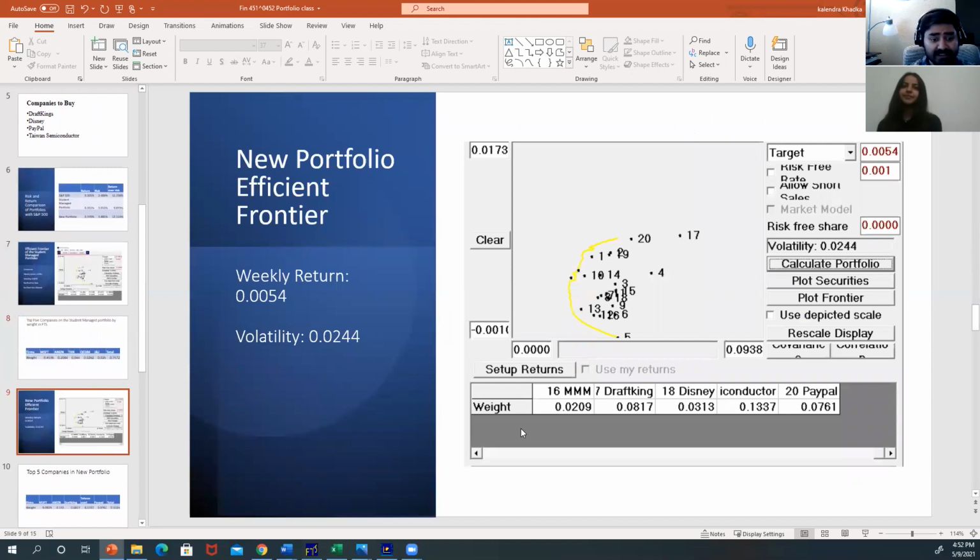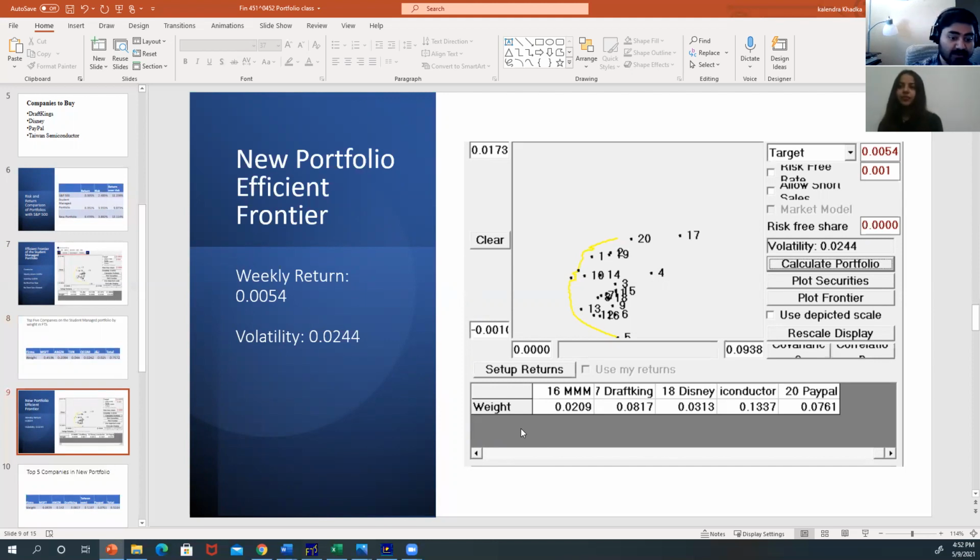So what I did is I plotted the companies of our new portfolio that you made by eliminating some and adding four new companies. For our standard comparison, I put our weekly return to be the same 0.54%, and I tried to figure out what the volatility is in this case.